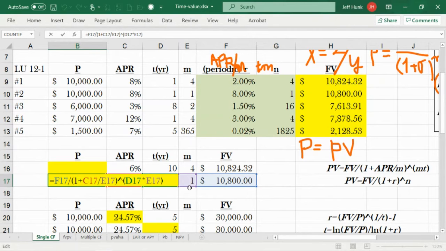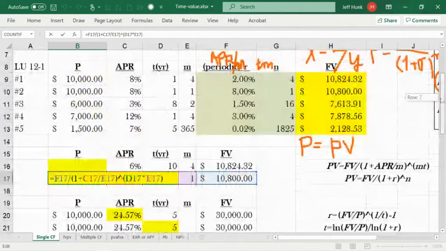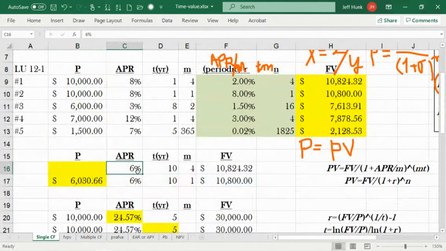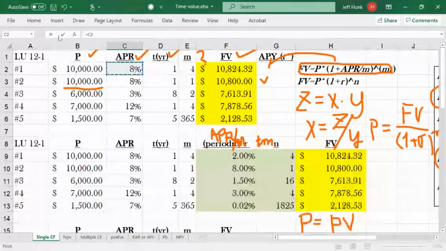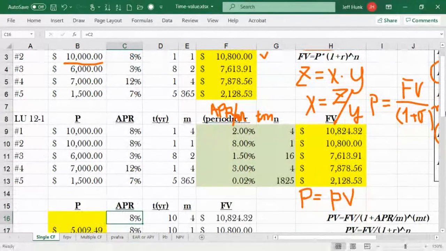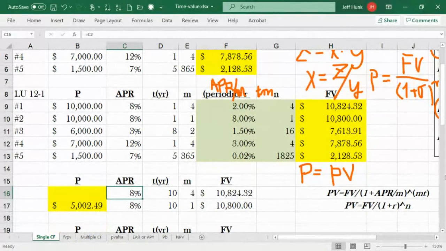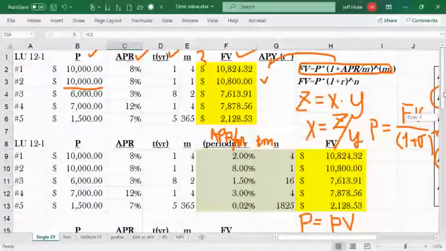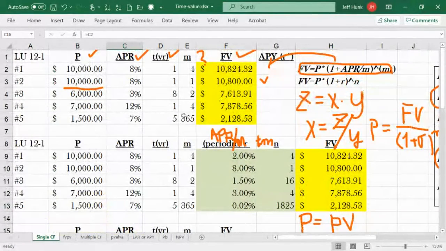Something's not right. Oh, that's 6%. The original problem was 8%. Then why is it giving me all this? Oh, that's 1 year. That was 1 year.